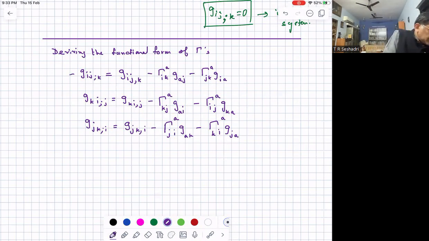But I know that this is equal to 0, this is equal to 0, and this is equal to 0. Just now I proved it. Okay?